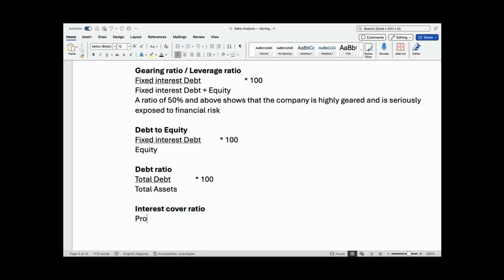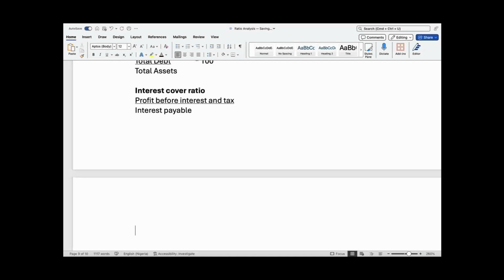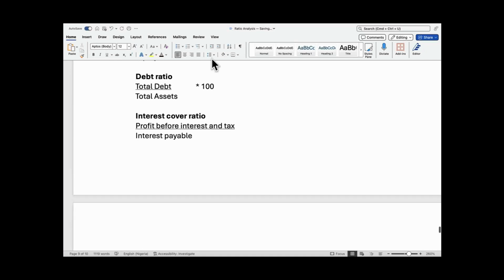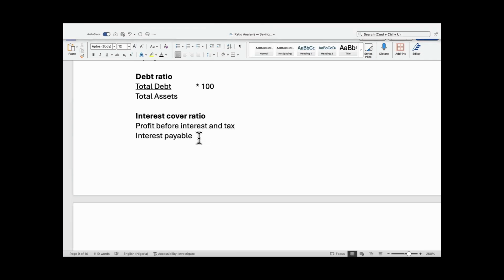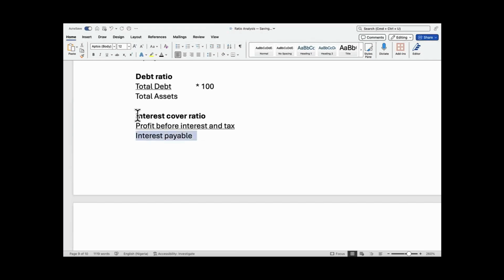So you find the formula as profits before interest and tax divided by your interest payable or paid, or your finance costs. So the answer you get will be the number of times your profits can pay your interest. That's your interest cover ratio.